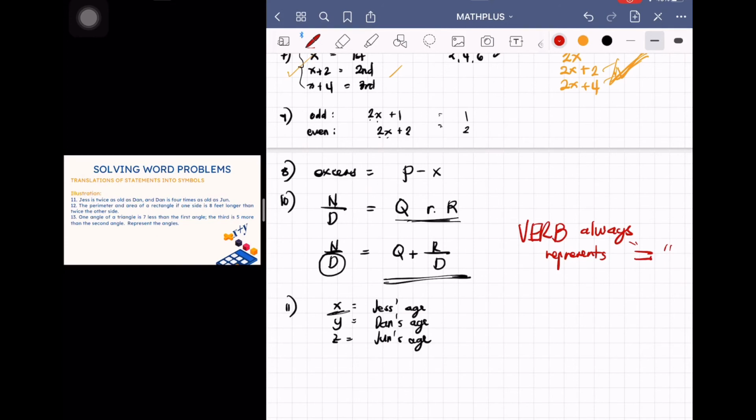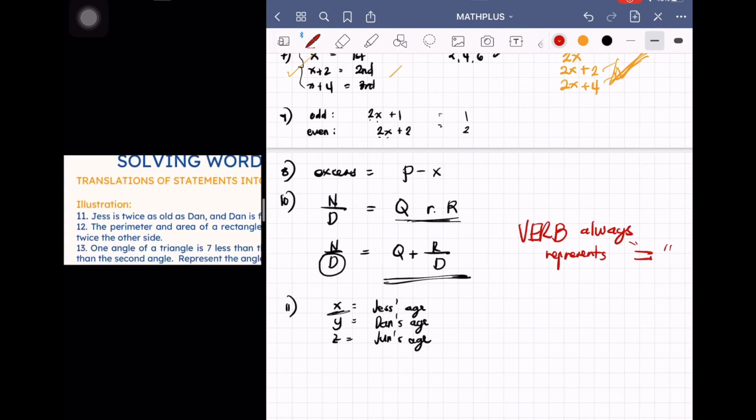Whatever the verb is, that is the time the equal sign shall appear. So sabi dito, Jess, di ba? Jess is, so that is an equal sign. So Jess, which is X, is, which is an equal sign, twice as old as Dan. So ibig sabihin, 2 times daw ng edad ni Dan. 2 times Dan's age is Y. Yun. So, Jess is 2 times ng edad ni Dan.